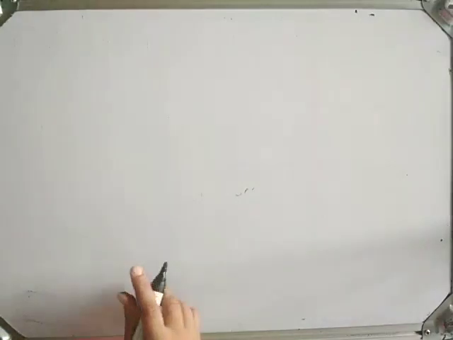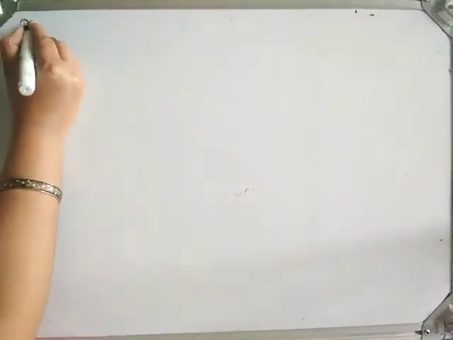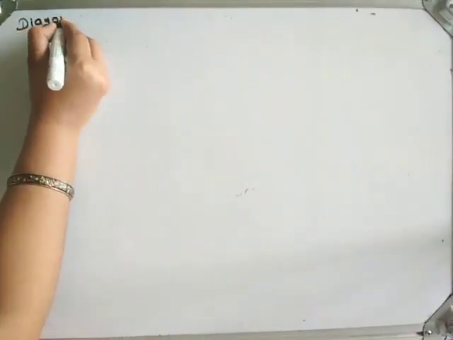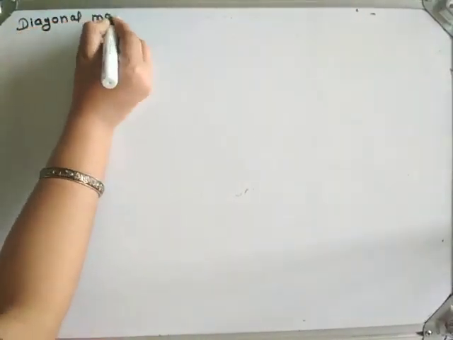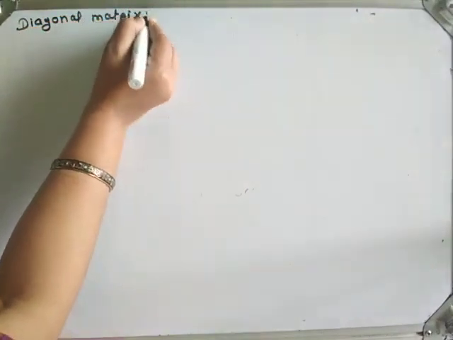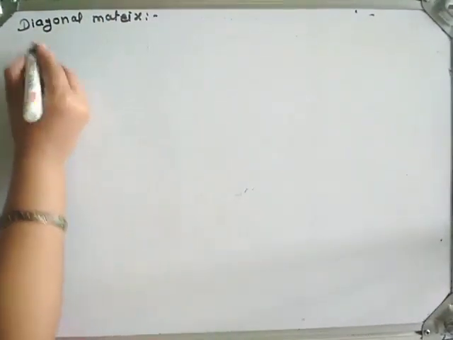Let us see different types of matrices. The first matrix is the diagonal matrix. What is the definition of a diagonal matrix?